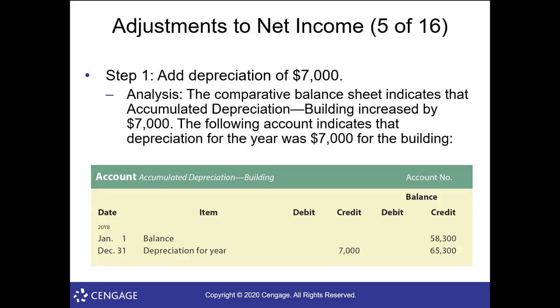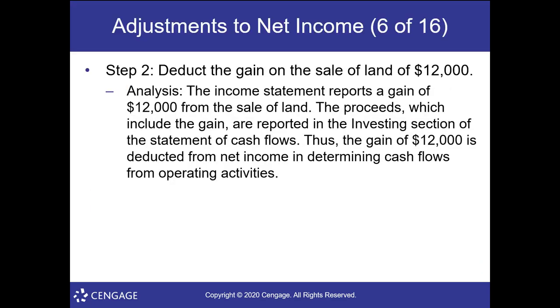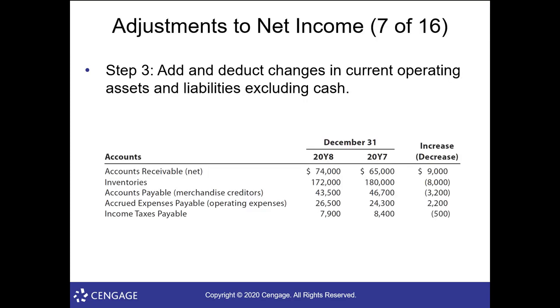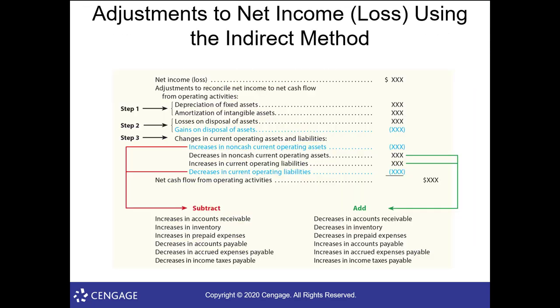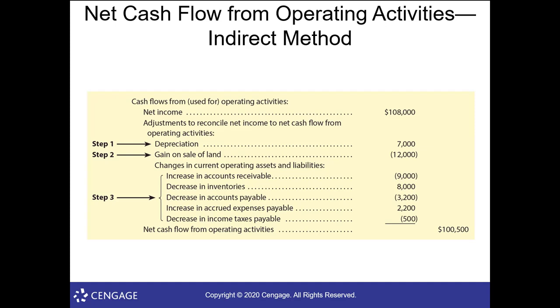So that's where the depreciation came from. Here's where the gain was, and then here's the net changes in current assets and current liabilities. So that's going to give us operating activities. So net cash flows from operating activities is $100,500.